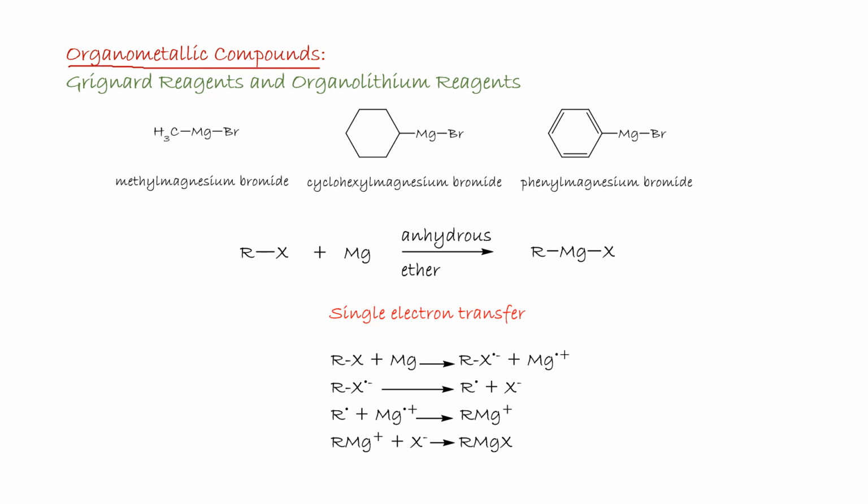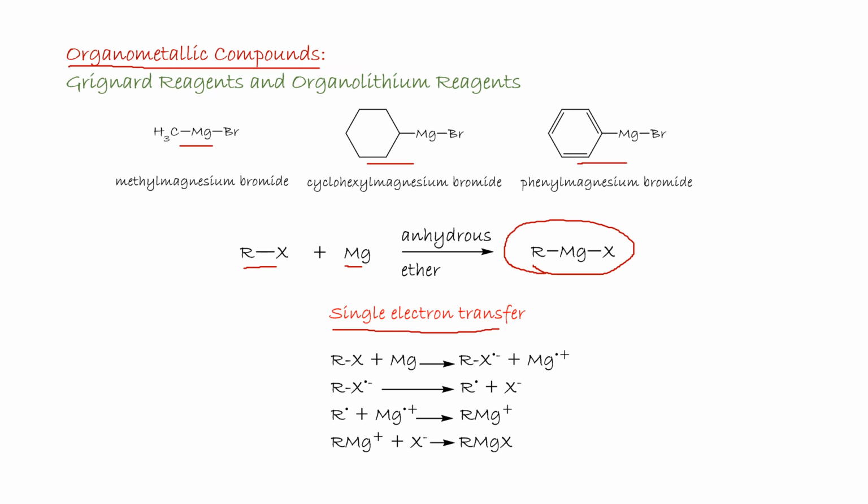Organometallic compounds derived from alkyl halide and aryl halide: Grignard reagent and organolithium reagent, like methyl magnesium bromide, cyclohexyl magnesium bromide, phenyl magnesium bromide. Reacting alkyl halide with magnesium in anhydrous ethers provides RMgX via single electron transfer.